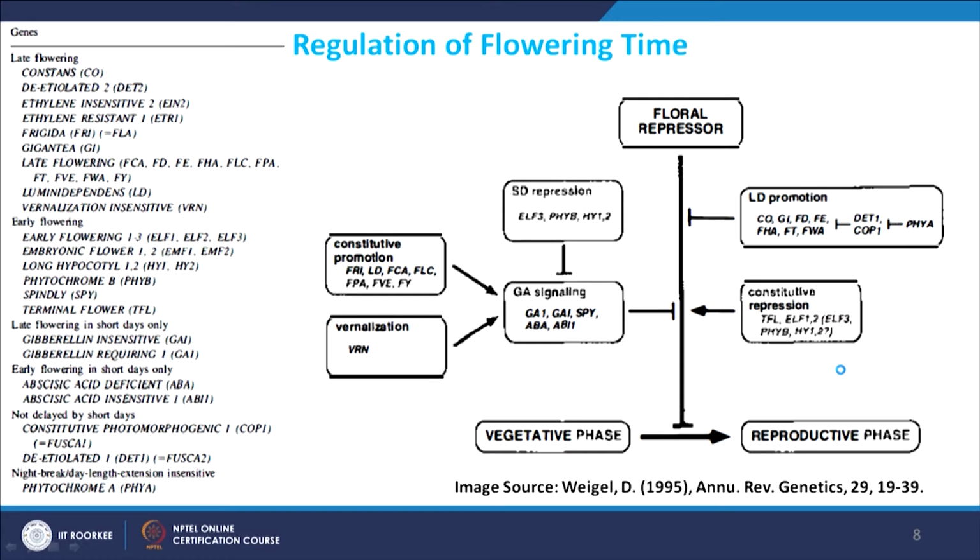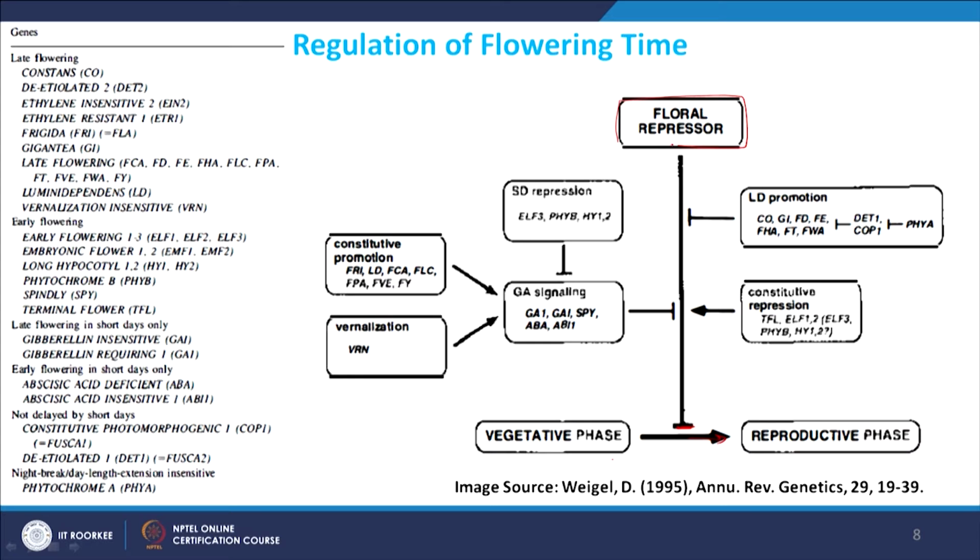But what are the genes which decide when this identity should be given, when this transition from vegetative to inflorescence meristem happens, when the vegetative shoot apical meristem changes its fate and identity and becomes inflorescence meristem? Definitely there is a floral repressor.